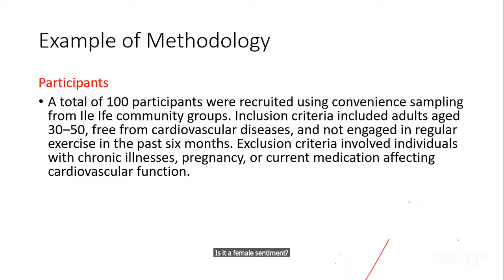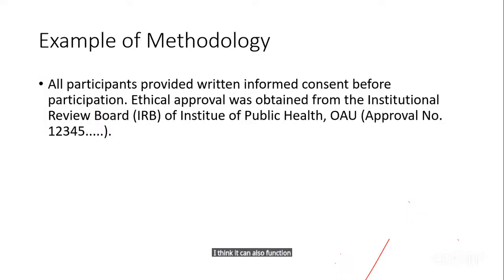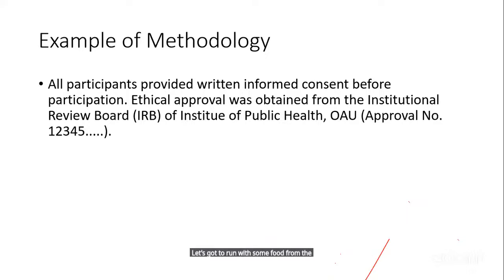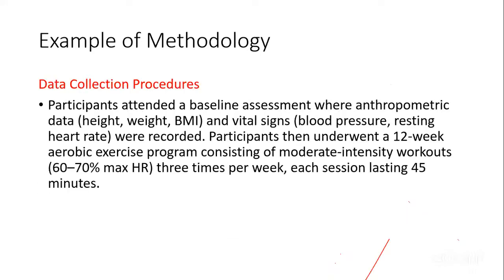The inclusion criteria included adults aged 30 to 50, free from cardiovascular disease, and not engaged in regular exercise in the past 6 months. The exclusion criteria involved individuals with chronic illness, pregnancy, or current medication affecting cardiovascular function. All participants provided written informed consent before participation. Ethical approval was obtained from the Institutional Review Board of the Institute of Public Health.